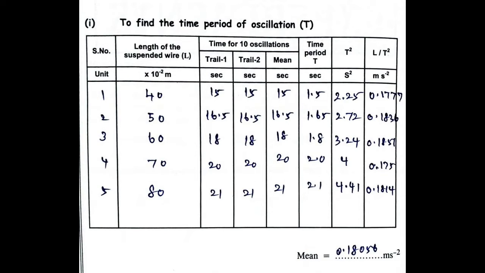The period for one oscillation is obtained by dividing by 10, then T square, then L by T square, where L is 40 into 10 to the minus 2 divided by T square. Similarly we find for 50, 60, 70 and 80 centimeters. The mean value is 0.18056 meter per second square, that is known as L by T square.